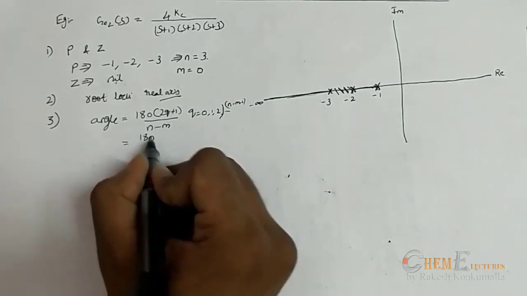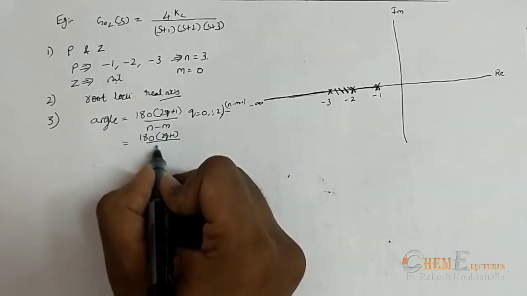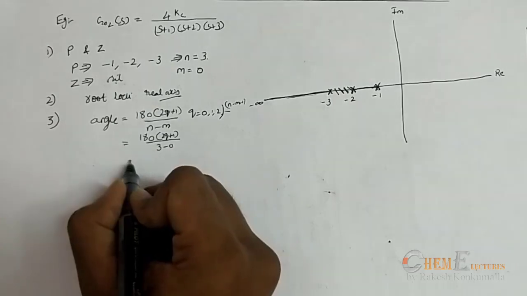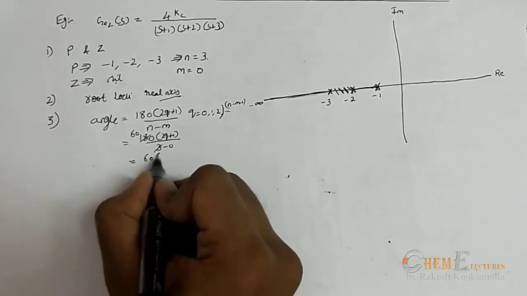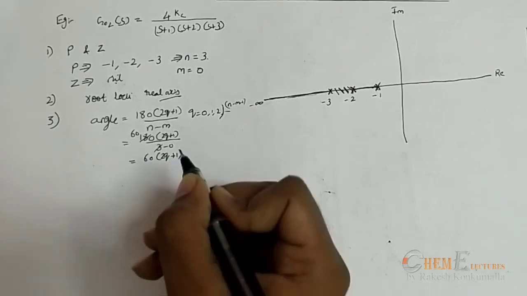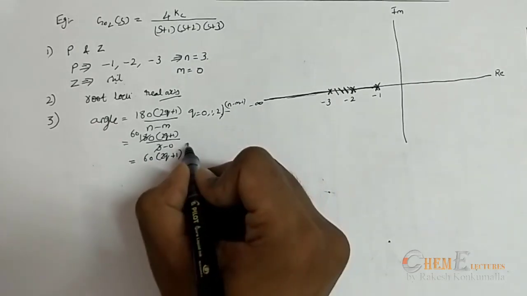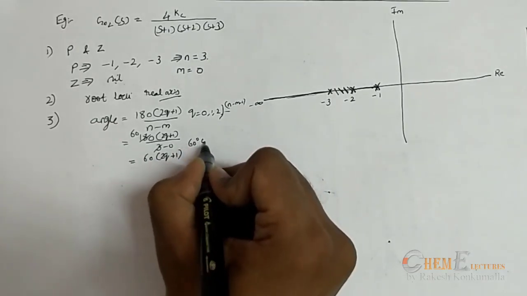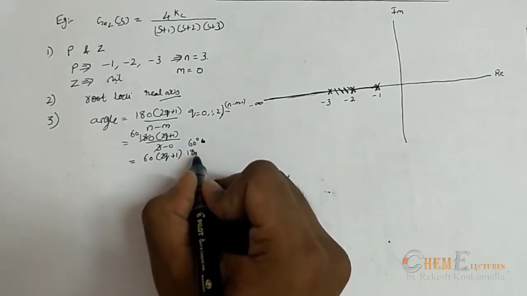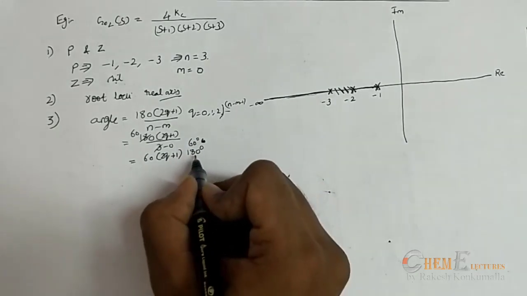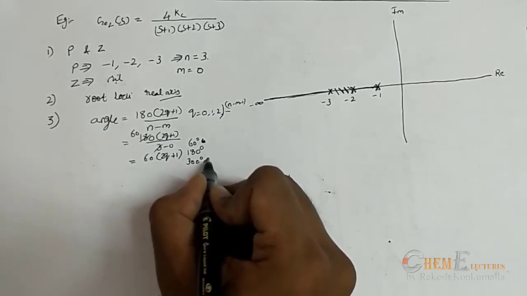Substituting the values, it will be 180 times (2q plus 1) by 3 minus 0. Now my asymptotic angles: q equal to 0 gives 60 degrees, q equal to 1 gives 180 degrees, and q equal to 2 gives 300 degrees, which is minus 60 degrees.